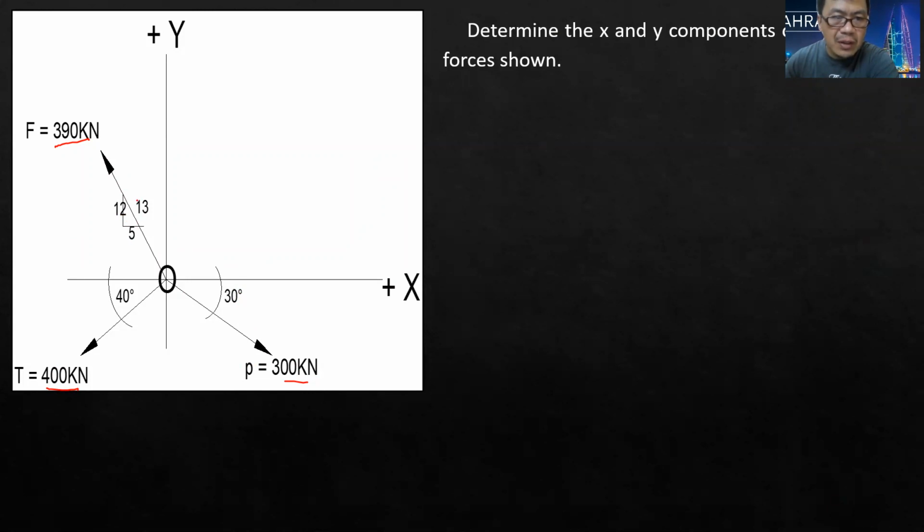Thus 12 squared plus 5 squared will give us 13. Then this angle is 40 degrees from the x-axis, and for P you have 30 degrees from the x-axis. So our problem is just to determine the x and y components of each of the forces shown.